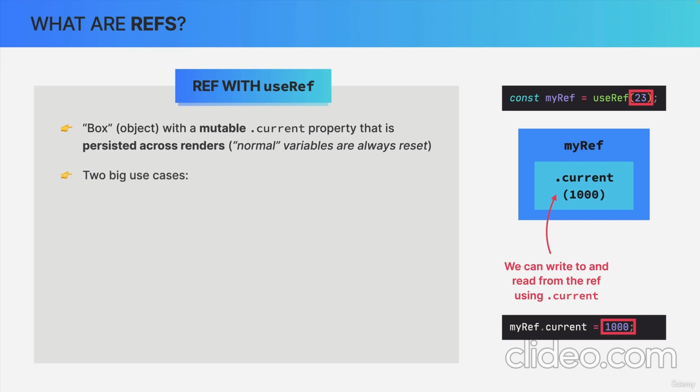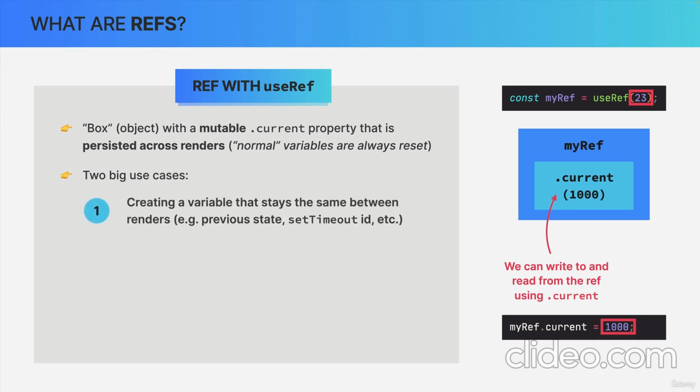And this gives us two big use cases for refs. First, as we just said, we can use refs to create variables that will stay the same between renders. And useful examples of this are preserving the previous state or storing the ID of a setTimeout function. Now, the second use case is actually far more important, which is to select and store DOM elements.